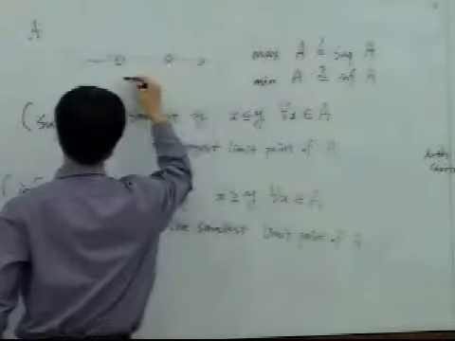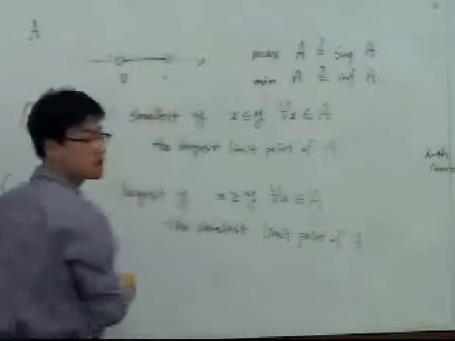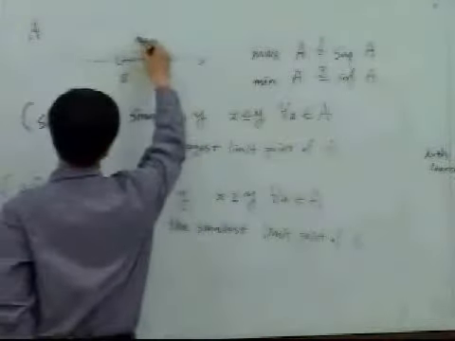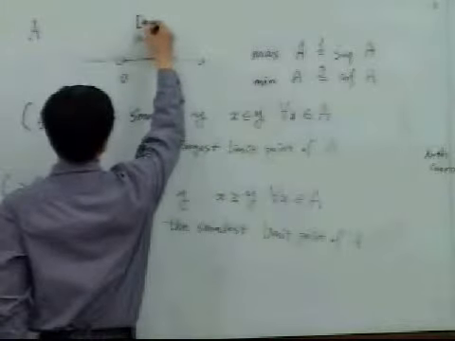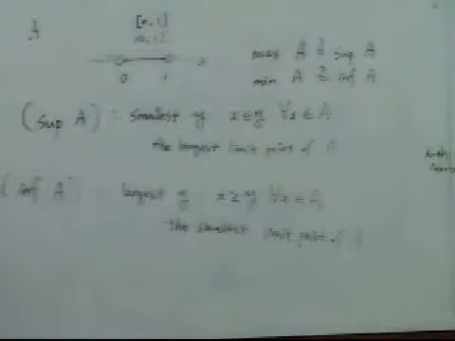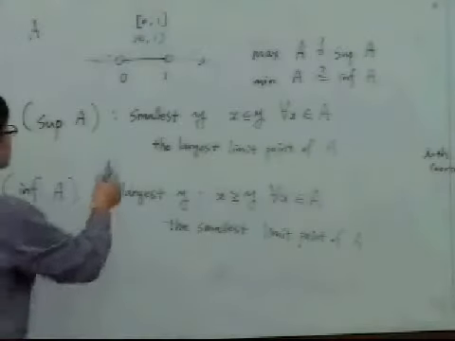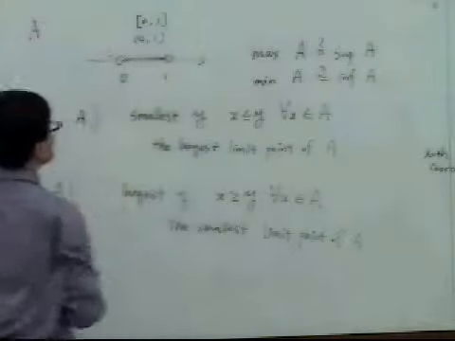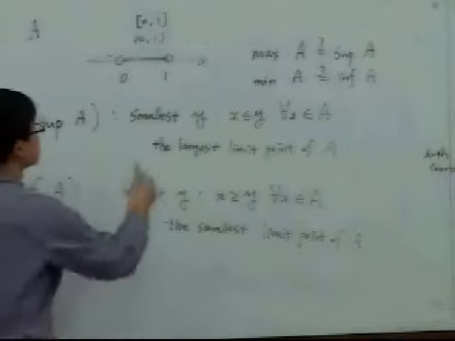But this time, A is defined as the open set from 0 to 1. Until now, we talked about the closed set, which means 0 and 1 are included. But now, 0 and 1 are not included in A. What is sup A? 1, right.